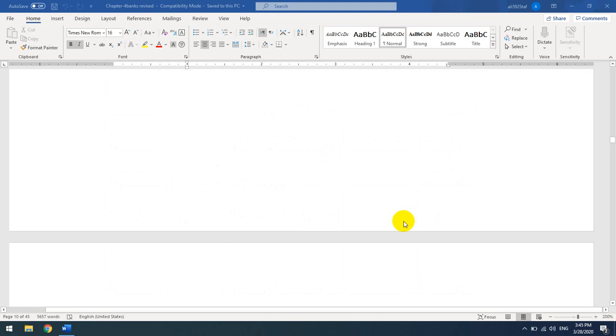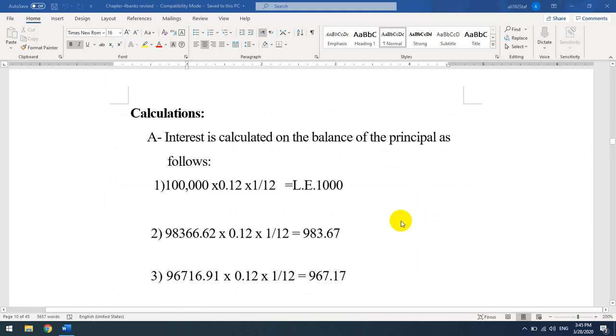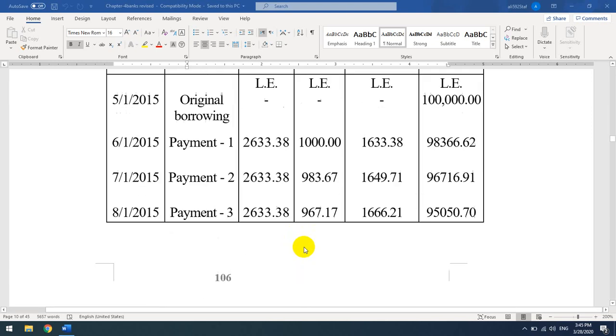Let's go to the calculation of interest during the second month: 98,366.62 times 12% times 1 month by 12 months. The interest dedicated to the second payment, or the second month, will be 983.67. This is the interest part of the second payment.